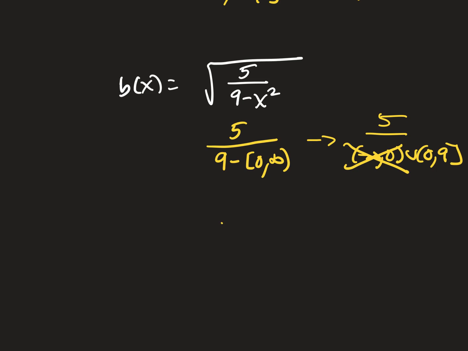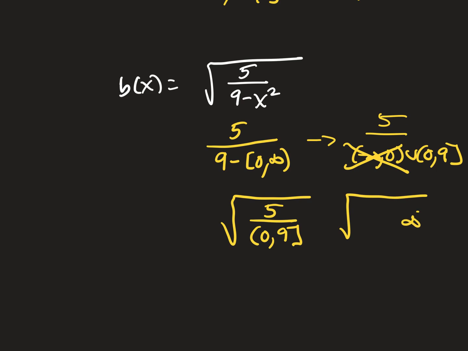So the only thing I'm working with inside this square root is 0 to 9, with 9 being exclusive. Inside the square root, 5 divided by a tiny positive is huge, and 5 divided by 9 is 5/9, and then I just need to take the square root. So my range is going to be square root of 5 over 3 to infinity.